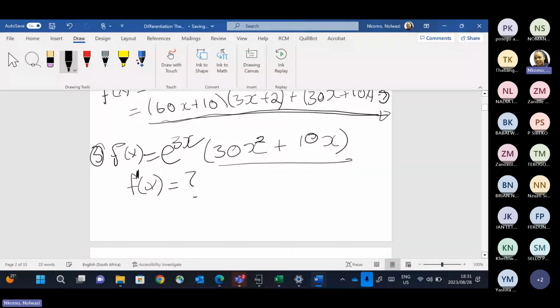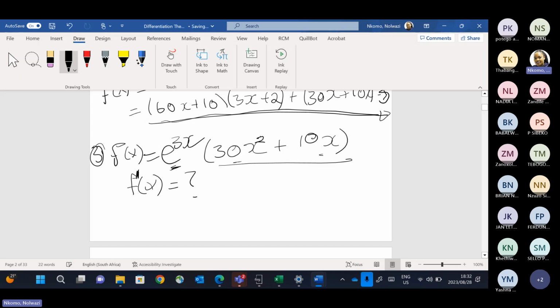Again, you can just simplify the bracket, but even if you simplify the bracket, you're still going to use a product rule because of these 2 terms. If you simplify this bracket, you'll use a product rule twice. But if you don't simplify this bracket, you'll use a product rule once.